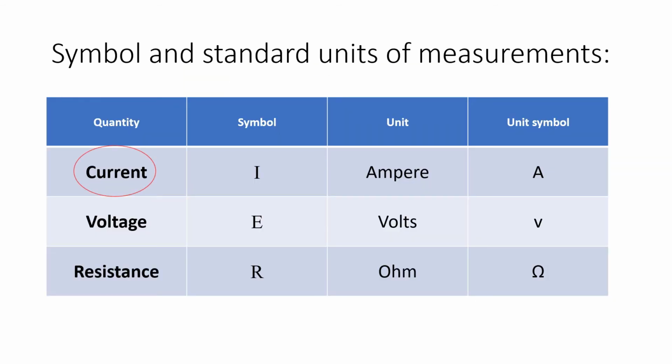Current is represented by the symbol I and has a unit of ampere, or A. Voltage is represented by the symbol E and has a unit of volts, or V. And resistance is represented by the symbol R and has a unit of ohm, the capital Greek letter, or the horseshoe symbol.